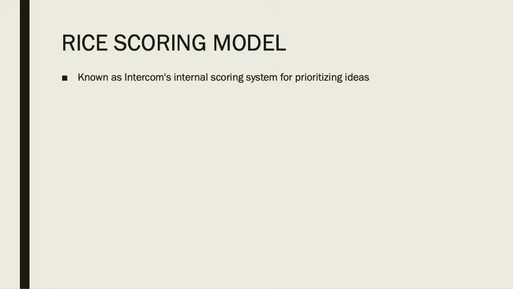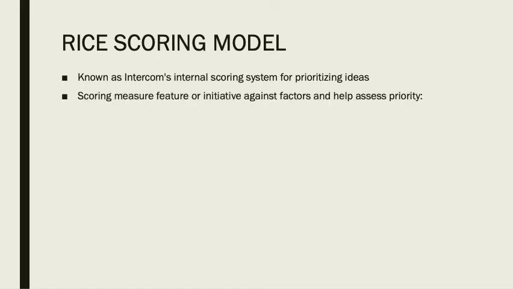The scoring works by giving a score to your feature or initiative based on the factors that RICE consists of. RICE stands for reach, impact, confidence, and effort. Based on that, they assessed which one needs to be given priority.